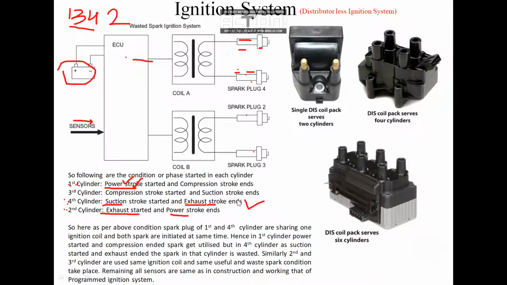So in the first cylinder we utilize that spark to make a power stroke, and in the fourth cylinder we waste that spark. So one spark gets wasted, one spark gets utilized. That's why this method is called the waste spark method.